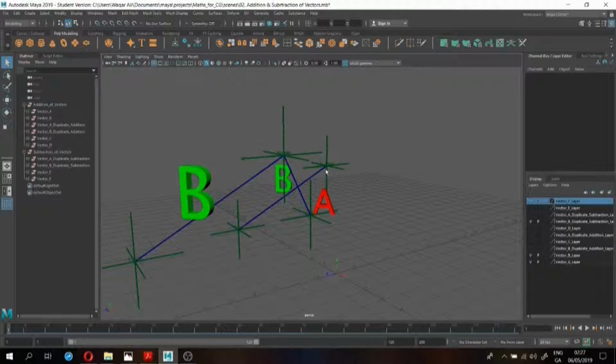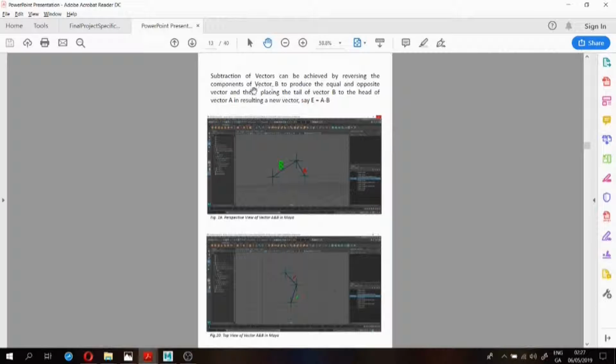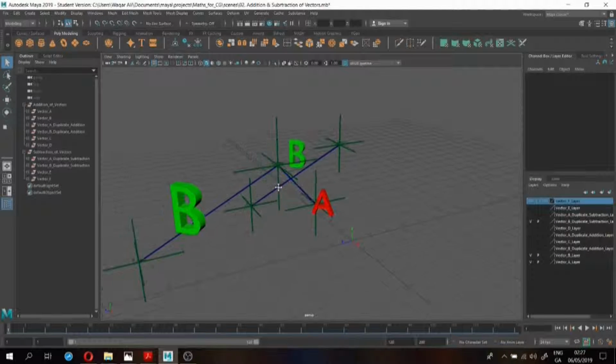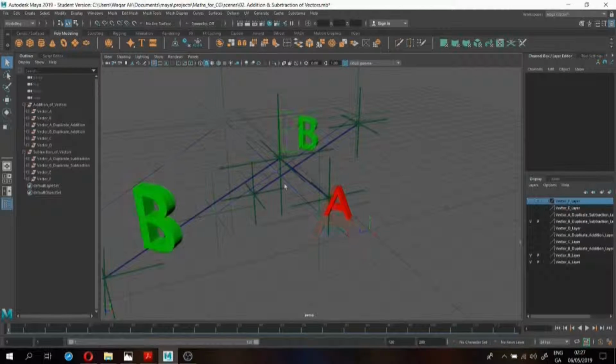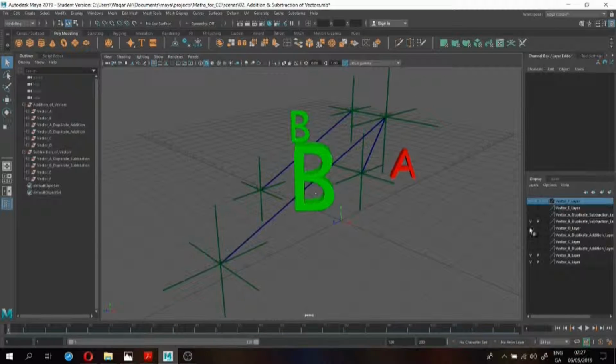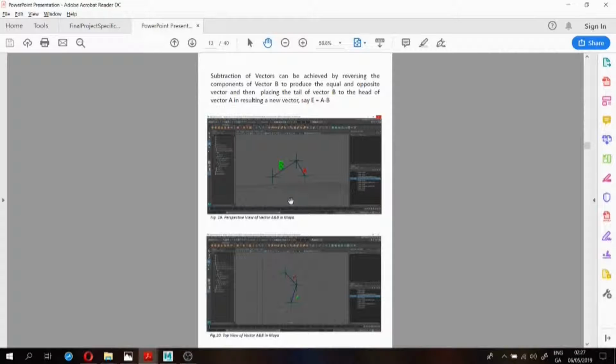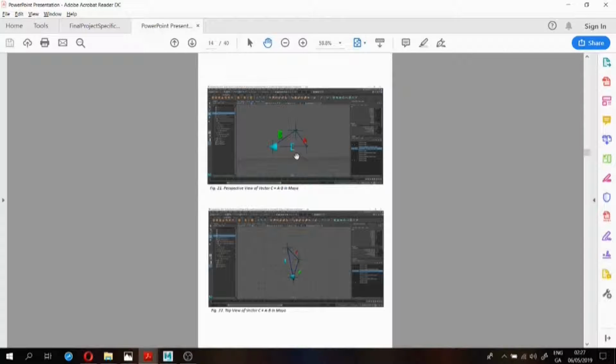We place the head of this vector to the head of vector A, reversing the components of vector B to produce the equal and opposite vector, and then placing the tail of vector B to the head of vector A. So we just reverse this vector and place it over here to get this vector E, which is going in that direction, as you can see over here. Perspective view of vector B.